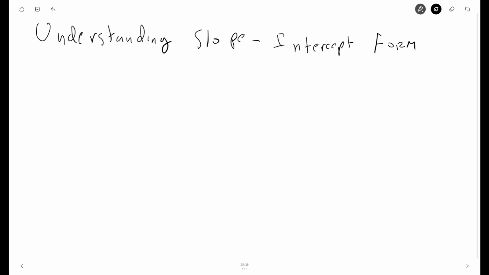Let's dive into this captivating mathematical concept. So what is the slope-intercept form? The slope-intercept form of a linear equation is expressed as follows.